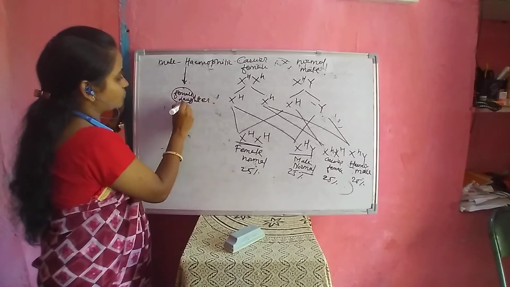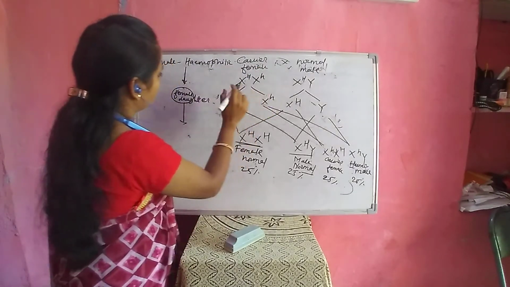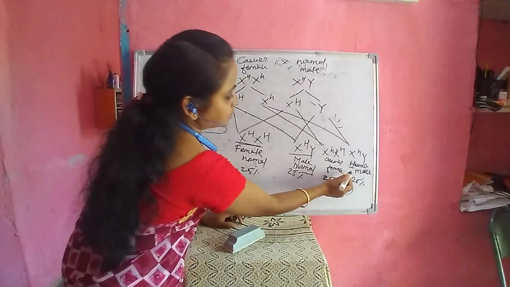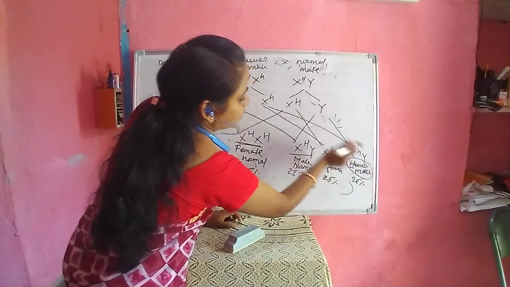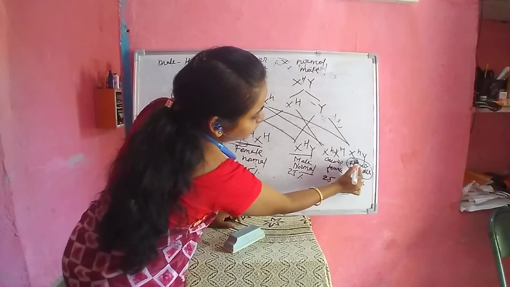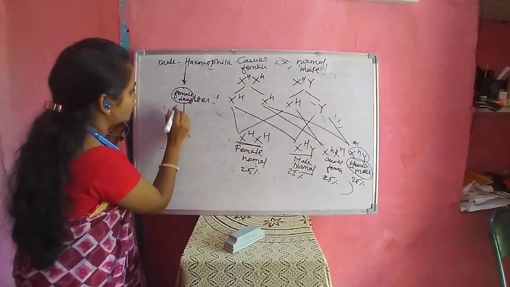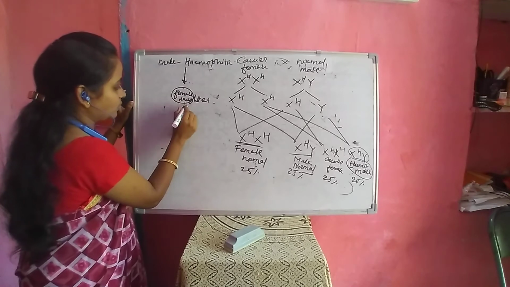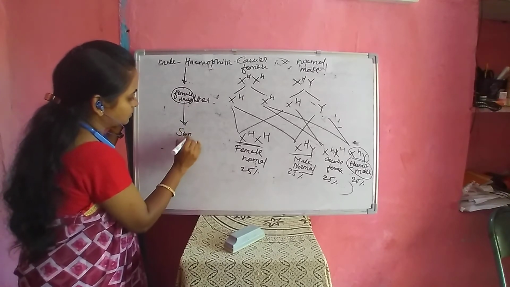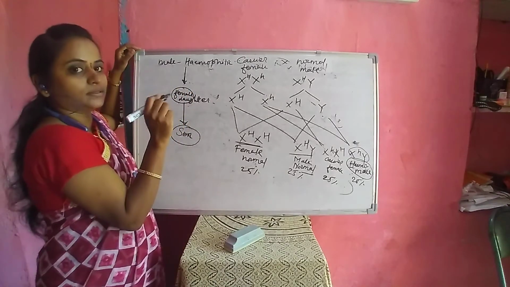And from this female daughter, the carrier female, it goes into her son, that is, into the male. It was transferred into the male, that is, from this female daughter the character is inherited by the son.